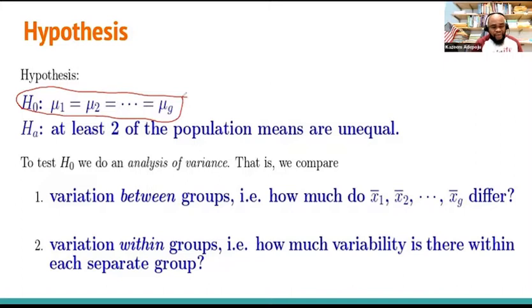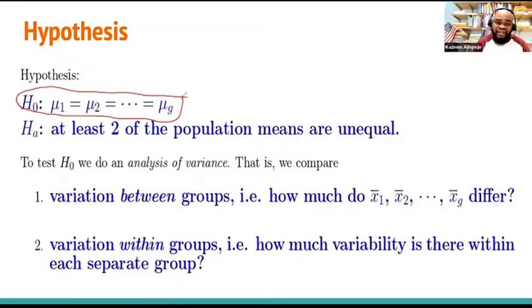But when I talk about variation within groups, I'm going to be focusing on the individuals in that particular group. Of course, in a particular group, we claim that we are more or less the same, but variation still exists.